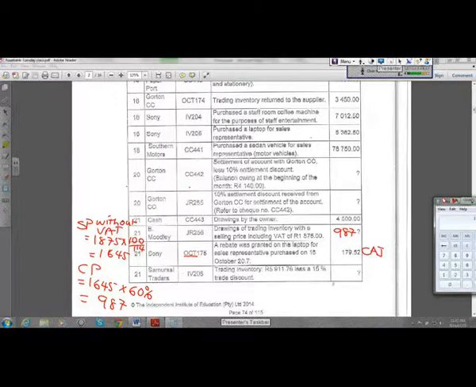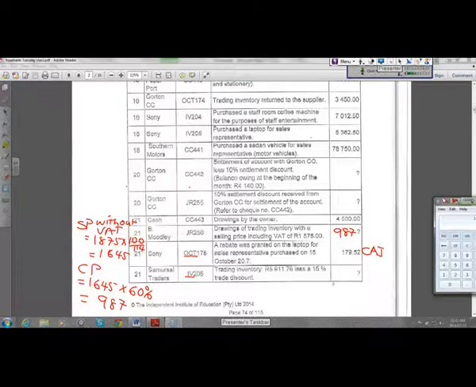All right, so I'm sure you know how to work this one by now. So here you are buying inventory and you are getting a trade discount of that. So this is usually easy. If you want to calculate the amount on the spot and you have a trade discount of 15, just say 100% minus 15%. It will give you 85%. So if you are calculating the amount without the trade discount, it will be 85%.